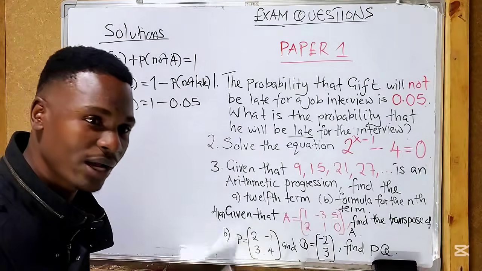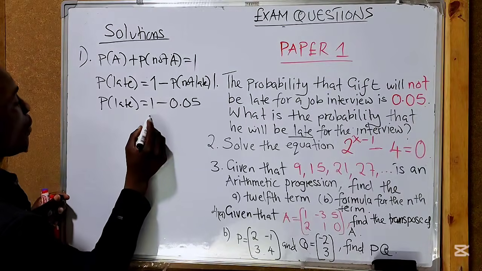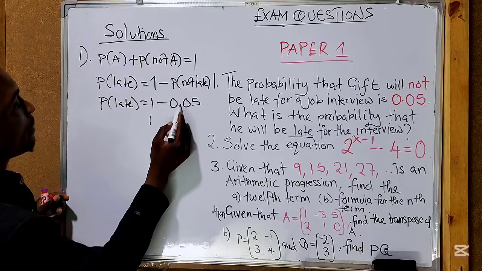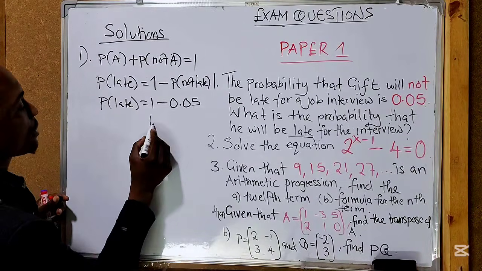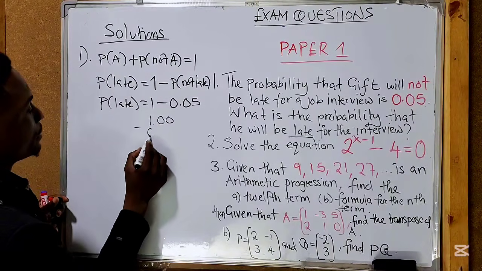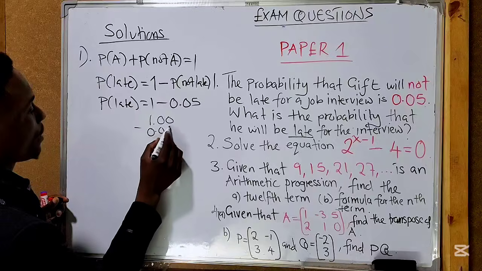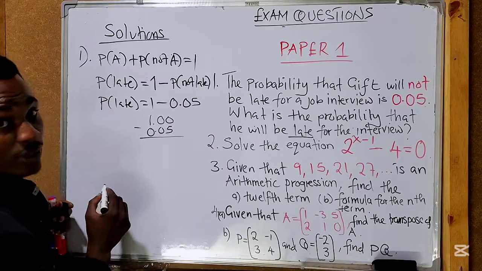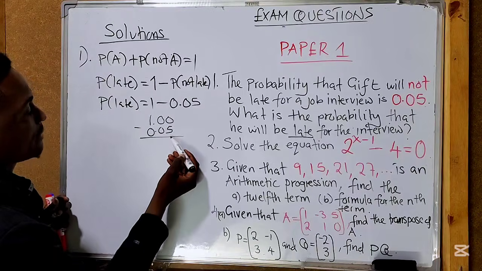It is simple, guys. Just write 1 like this. 1, place value. After a decimal point, you have 2 numbers, so you can put 2 zeros this side, minus 0.05. Like this, okay? Then you're going to say 0 minus 5, it can't.